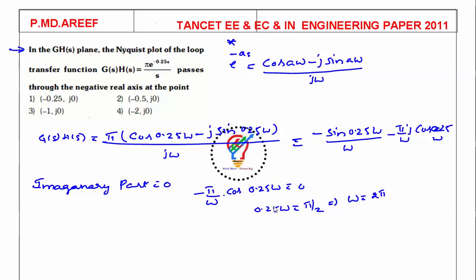Now we substitute this point: the magnitude of GH(j omega) at omega equal to 2 pi.